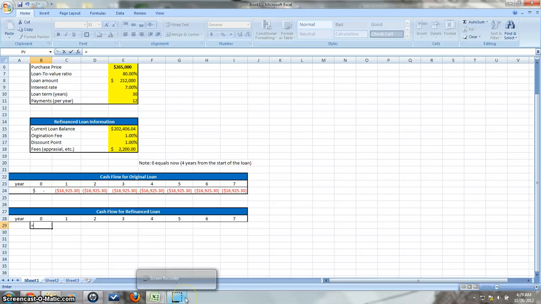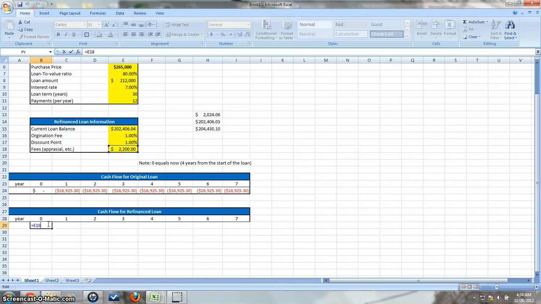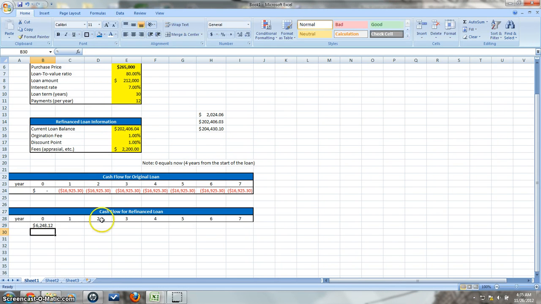And to do that, I'll start out by doing the fees plus the current loan balance times the quantity of the origination fee plus the discount points, which will give me 6,248.